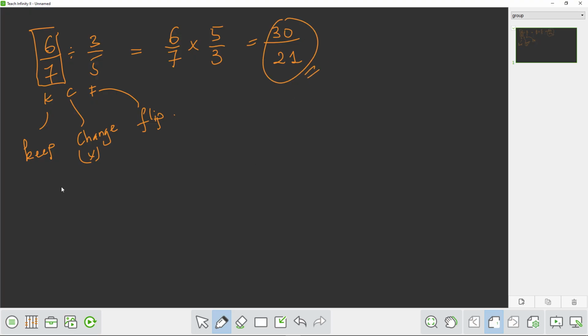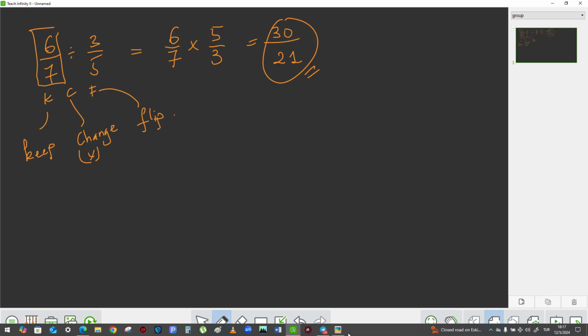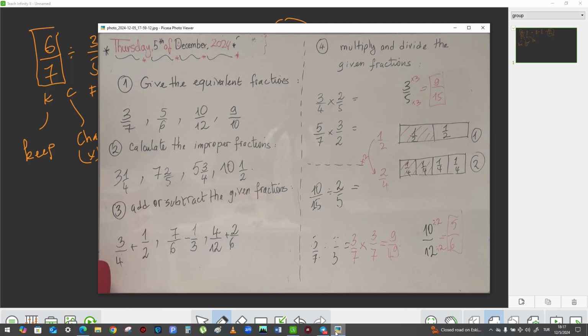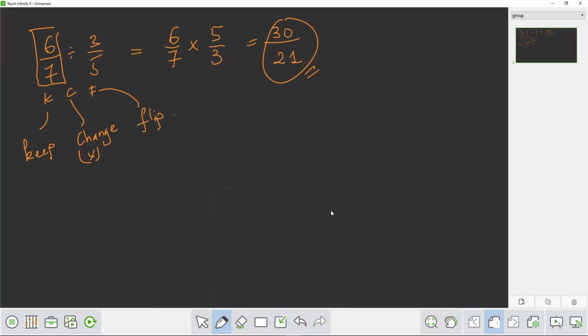Let's take another one from the example I gave you. Let's say you have 10 over 15 divided by 2 over 5. Now we said keep, change, flip.